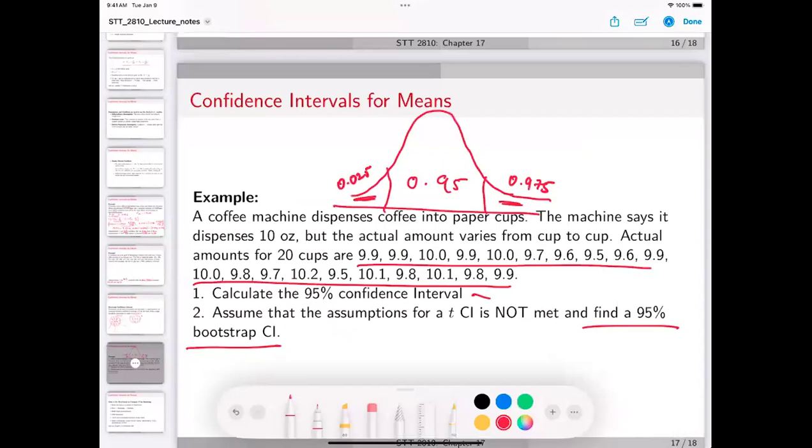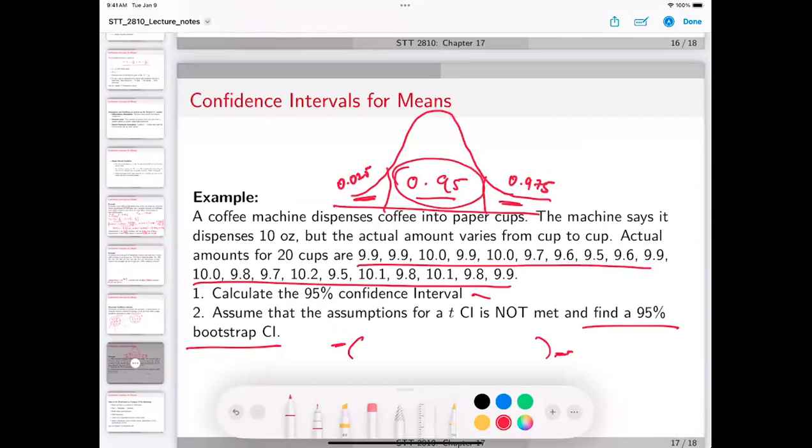Is that okay? So to get a 95% confidence interval, we are going to look at the 2.5th percentile and then the 97.5th percentile. That is going to give us the 95% confidence interval.